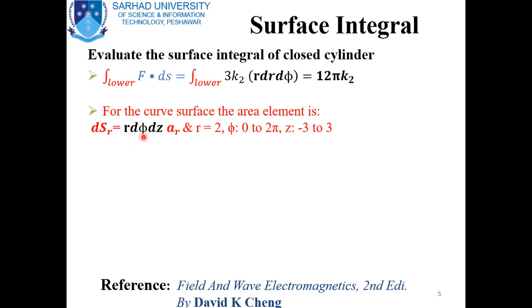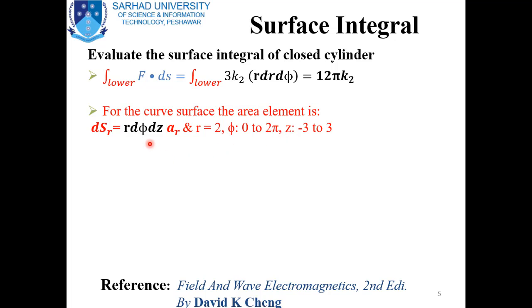So this surface is made by d phi dz multiplied with a radial component, and the parameter for this curved surface r is fixed, which is equal to 2, and phi can vary from 0 to 2 pi, and z is also varying from -3 to +3.